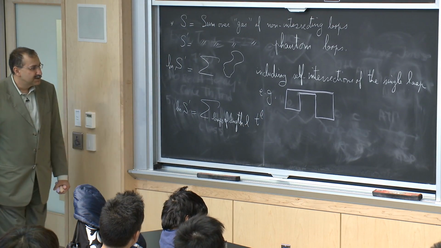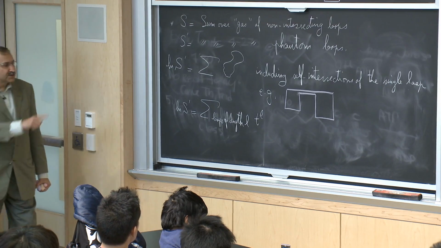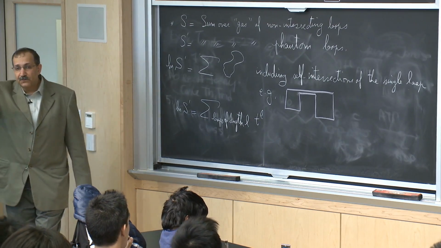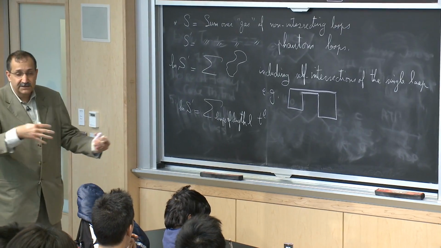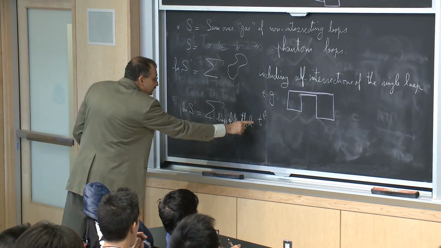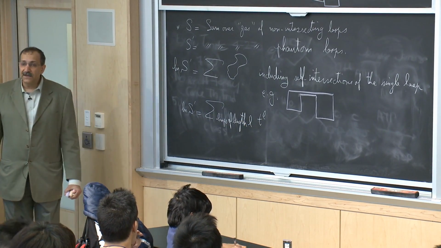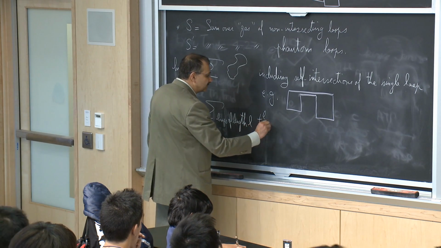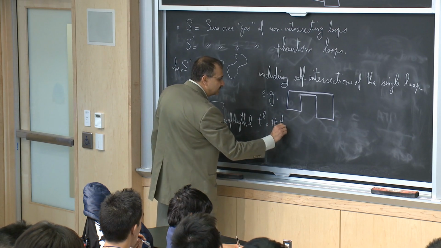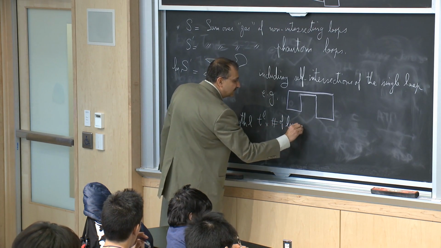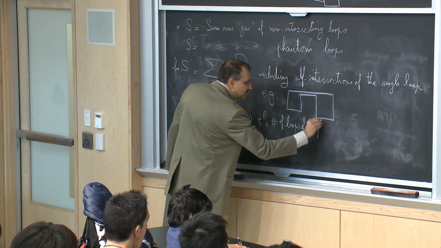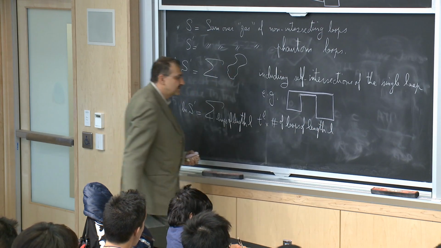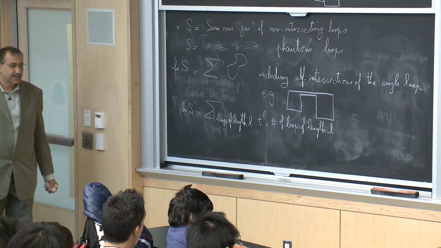So basically, I say that I can draw loops, let's say, of size 4, loops of size 6, etc. Each one of them, I have to multiply by t to the L. Of course, I have to multiply with the number of loops of length L. Okay?